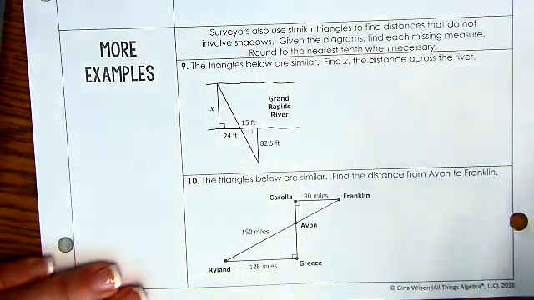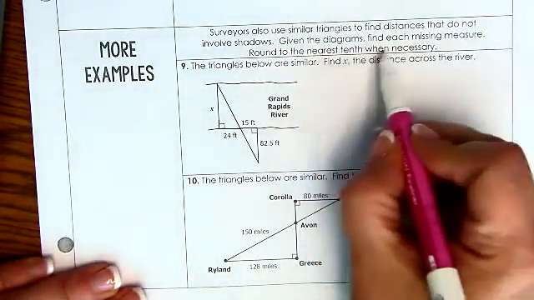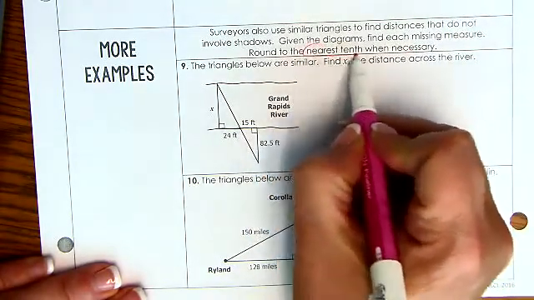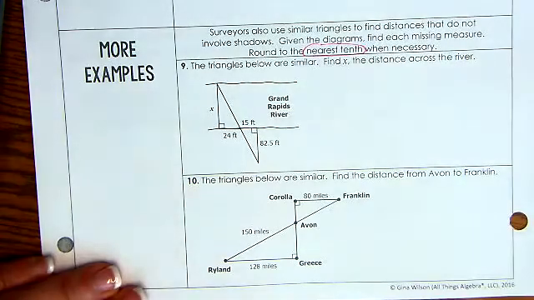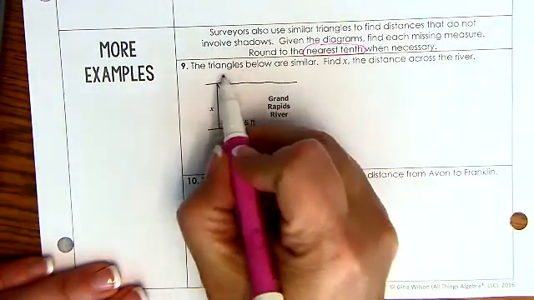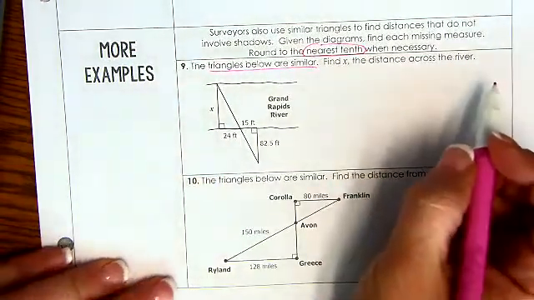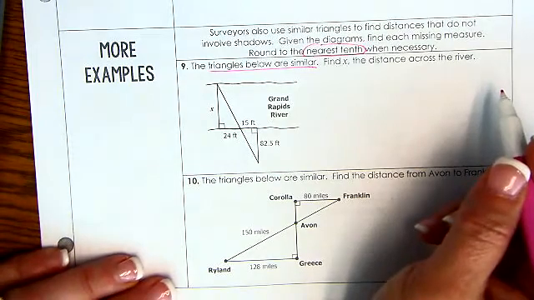That means you don't have a shadow to use. Given the diagrams, find each missing measure, rounding to the nearest tenth when necessary. You have to pay attention to what it's telling you to round to. The triangles below are similar. Find x, the distance across the river.